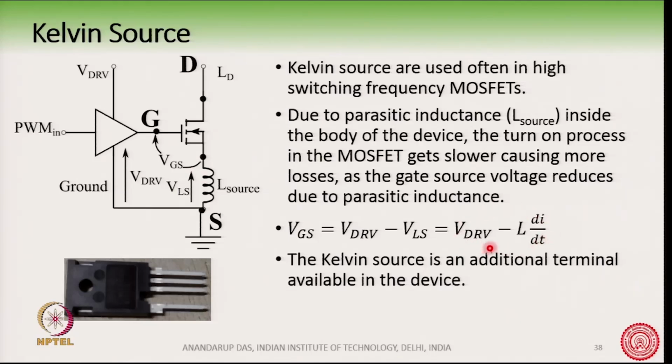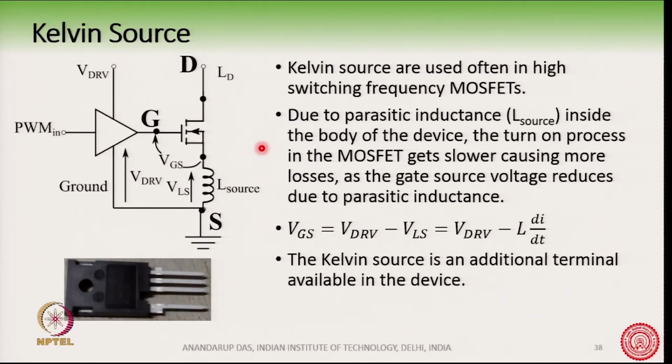So, this is equal to V drive minus L di/dt, and so when the current is rising through this MOSFET, this value will cause VGS to fall. Okay, when the current is rising, that is what is happening during turn on. So, this VGS actual voltage which is available across the gate source terminal of the MOSFET is lower than the VDRV or 15 volt.